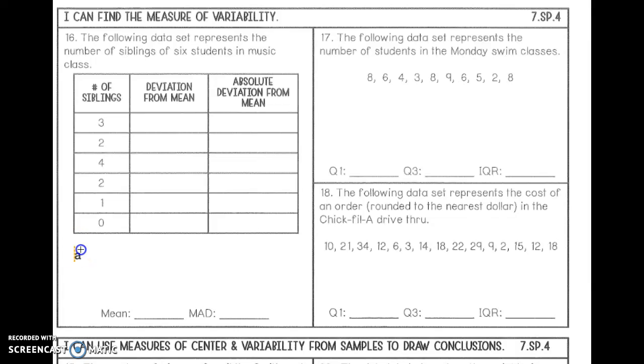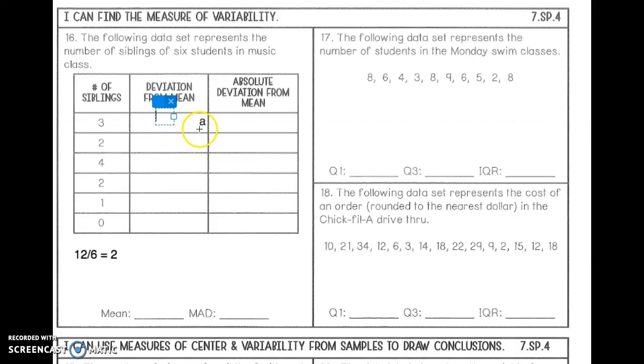So let's put a little box here. If I add these up, 3 and 2 is 5, 5 and 4 is 9, 9 and 2 is 11, and 1. So there's 12 divided by the 6 total students. So my mean is 2.